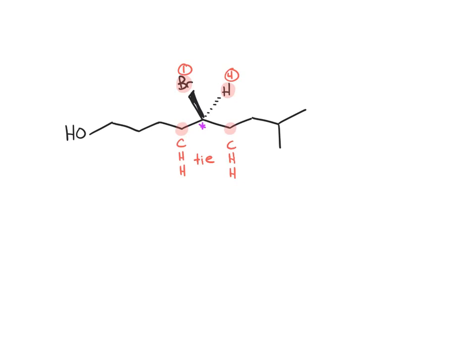So now what I'm going to do is move to this carbon and this carbon to compare. So let's see what is attached to each of these. Right? Well, we have the attachment that leads back to the chiral center that we're not going to count, but this carbon's attached to a carbon, a hydrogen, a hydrogen.